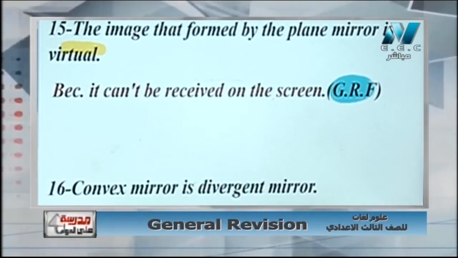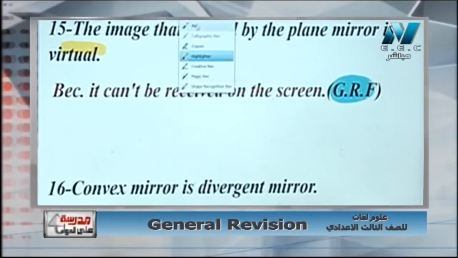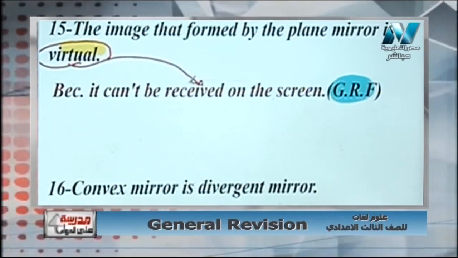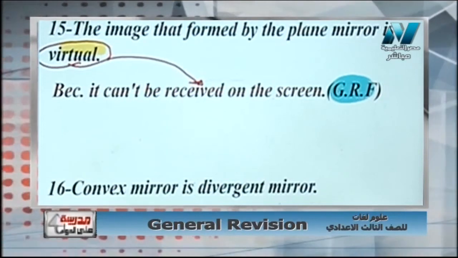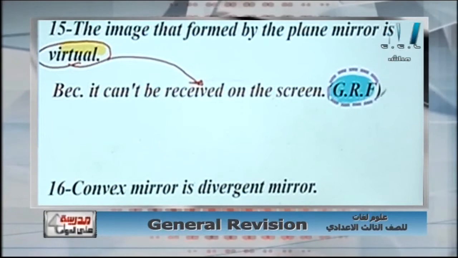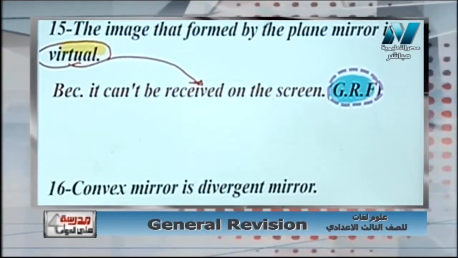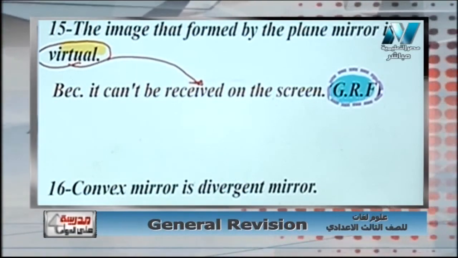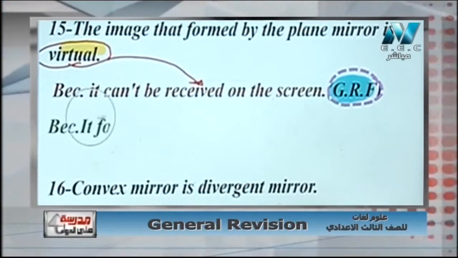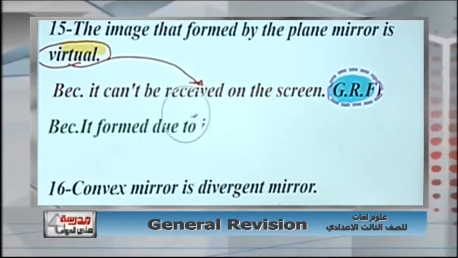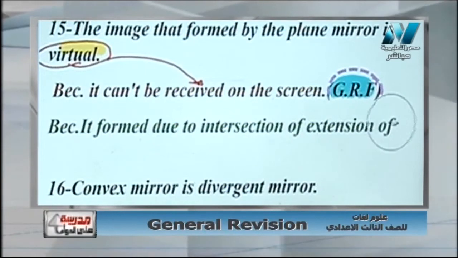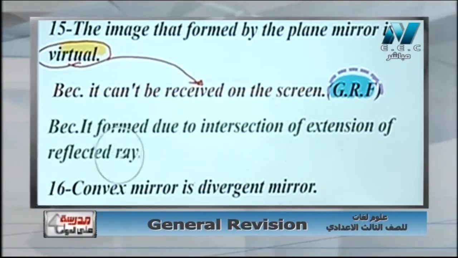If we have to define virtual, it can't be received on a screen. But give reason for why the virtual image can't be received on the screen. I say we talk about mirror, so we talk about light reflection. So the answer is because it is formed due to intersection of extensions of reflected rays.